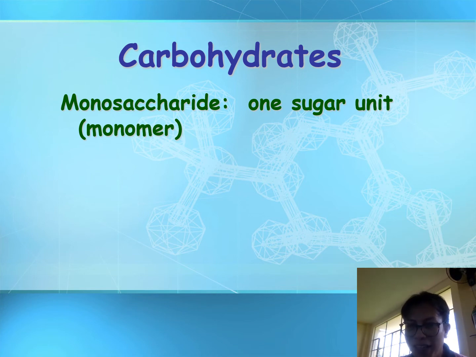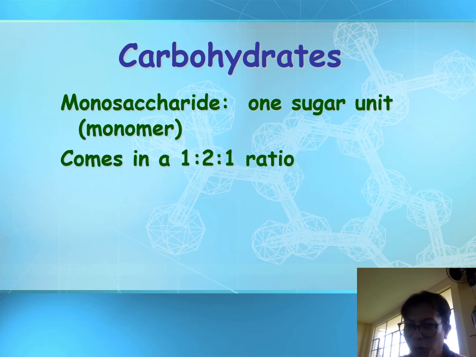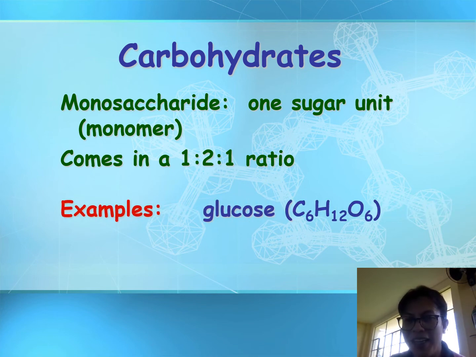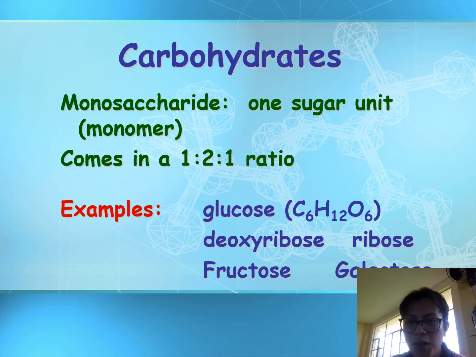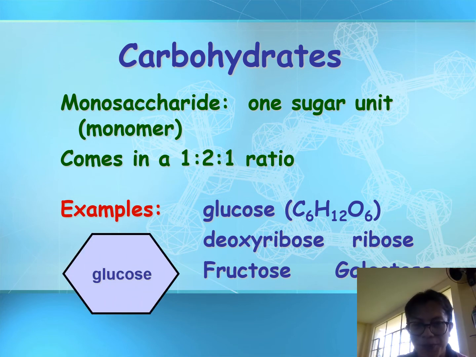Mono means one, meaning there is only one sugar unit or monomer. Therefore, the monomer of carbohydrates is the monosaccharide. It comes in a 1:2:1 ratio. Examples are glucose, C6H12O6, and also deoxyribose, ribose, fructose, and galactose.